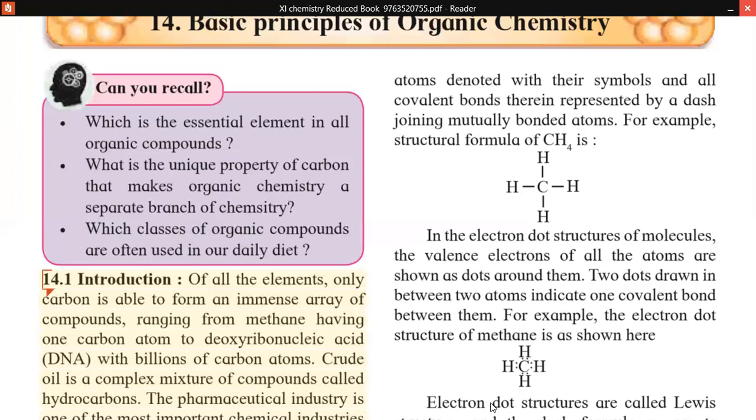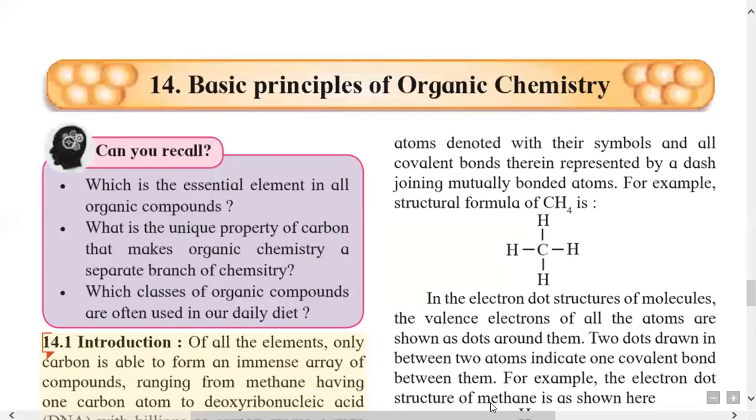The third part of chemistry that we will study in 11th and 12th standard is organic chemistry. This is an important branch of chemistry which deals with the study of carbon and carbon containing compounds.